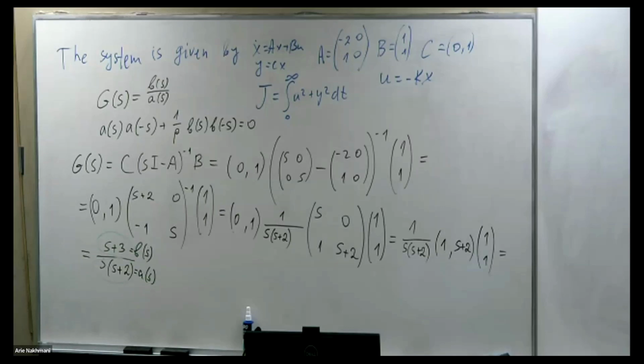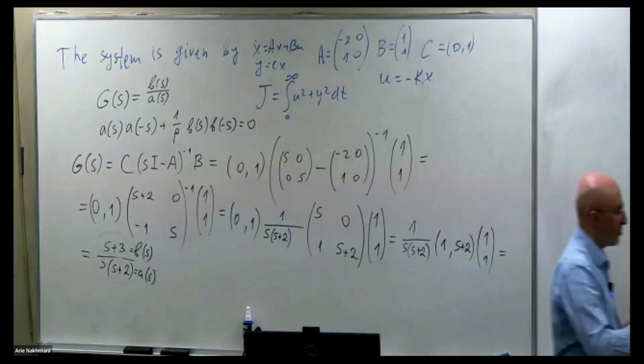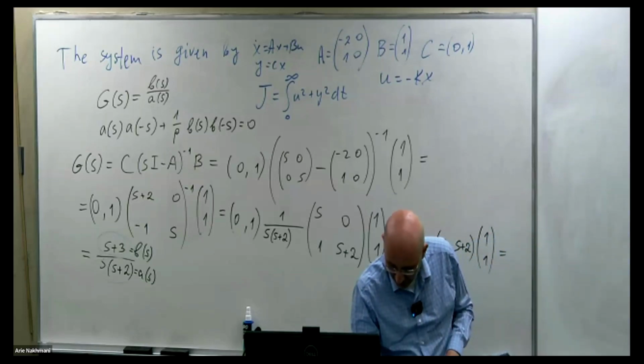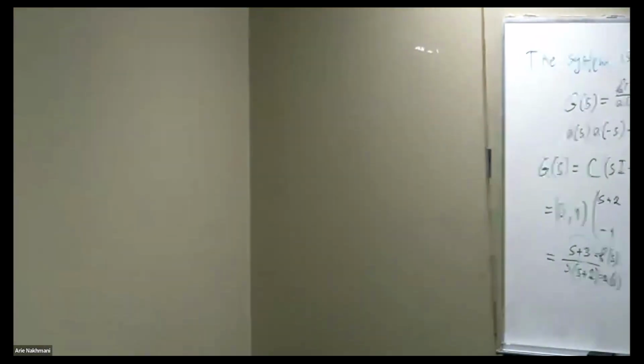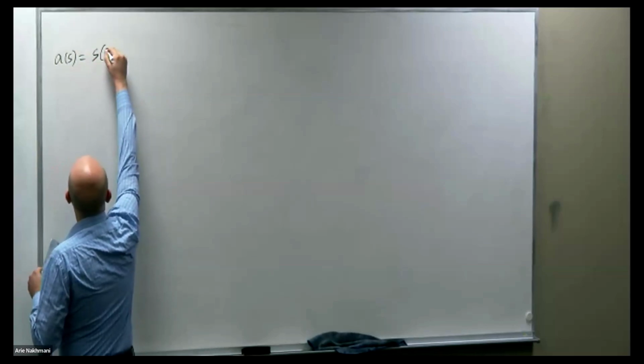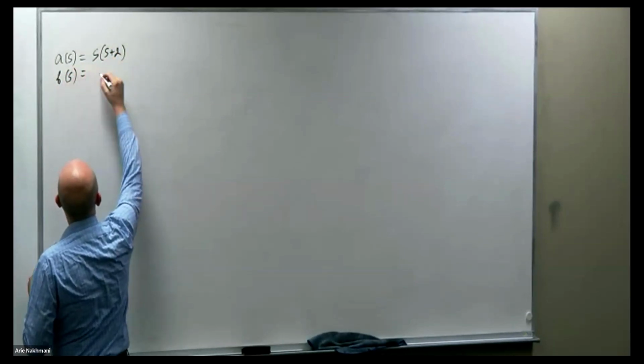This is all we need. So now we need to solve that actual equation like that. So let's solve that equation. Okay, so in that equation our A of s is s plus 2, and B of s is s plus 3.